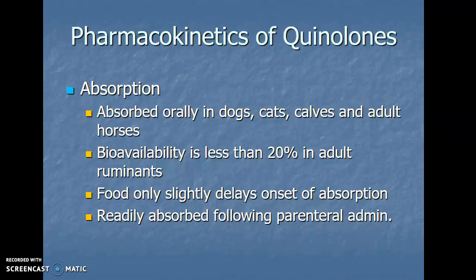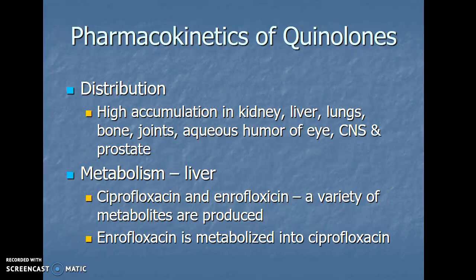But I want to just kind of caution you about these drugs in food animals, and we'll talk about that a little bit later. Food will delay the onset of activity. So in general, owners don't need to give it around feeding time, but it doesn't really interfere either way, so we don't usually make a note about that. If it's given parenterally, and many of these drugs have an injectable form as well as an oral form, it'll be absorbed really well.